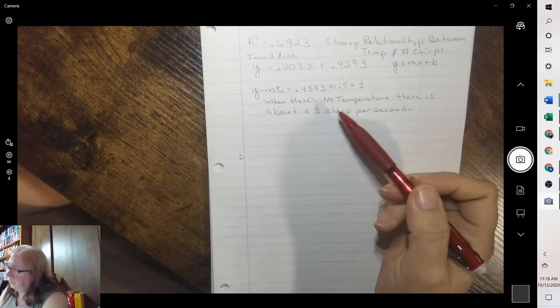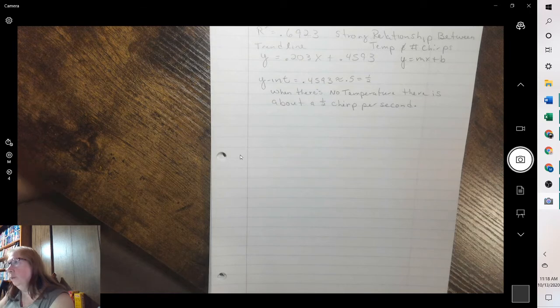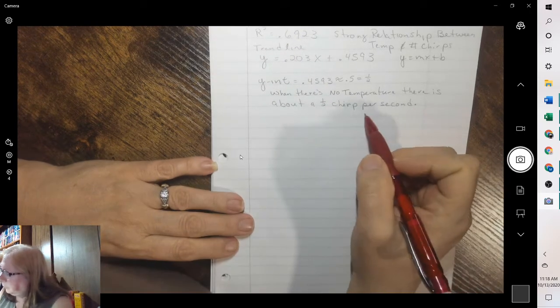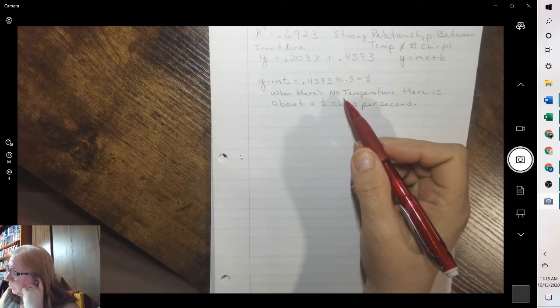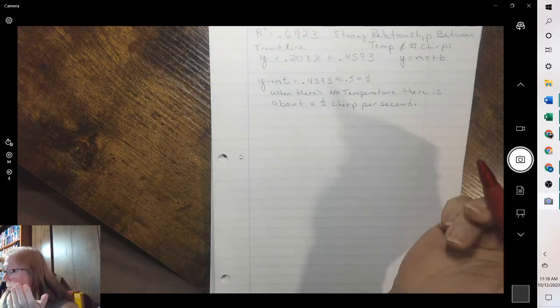So sometimes the y-intercept does not necessarily make sense because we don't have no temperature. There's always a temperature. If you wanted to think of it as 0 degrees Fahrenheit, but actually y-intercept means no, none.